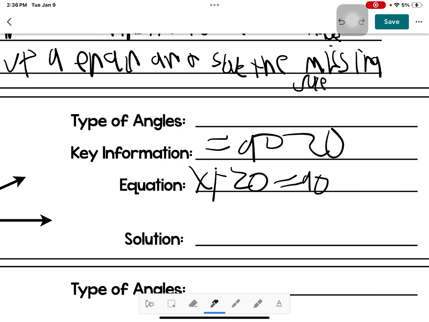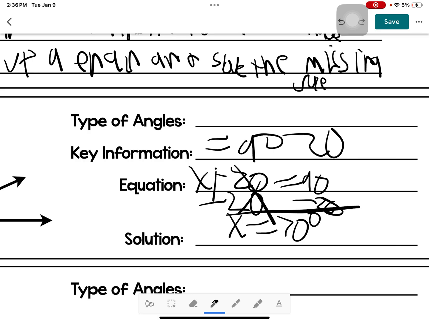What do I do to solve this? You can do 90 minus 20. So we subtract 20 on both sides. We get x equals 70. Very good, 70 degrees. So our solution is x equals 70 degrees.